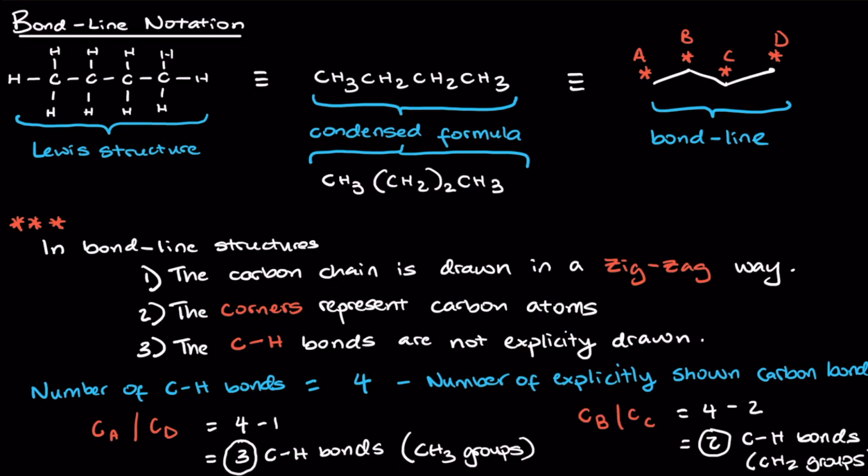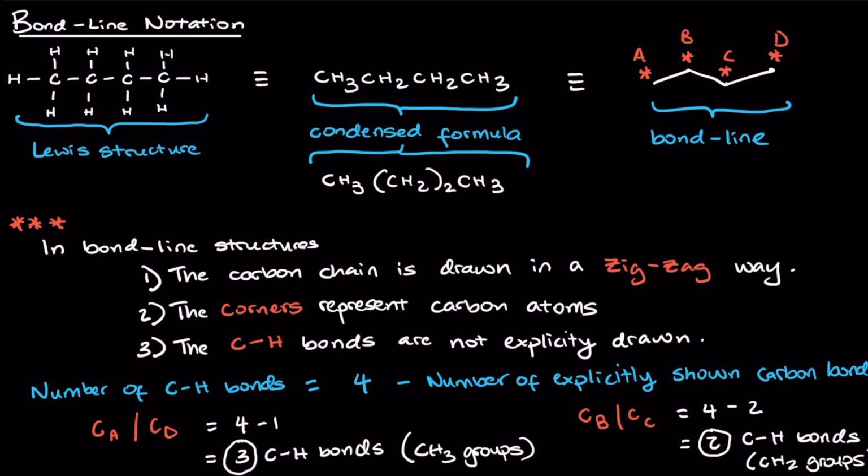And also, for carbons B and C, you can already explicitly see 2 bonds drawn to those carbons, which means that we should expect 2 additional C-H bonds on those positions, because these are neutral carbons where we should expect 4 bonds around each carbon atom.